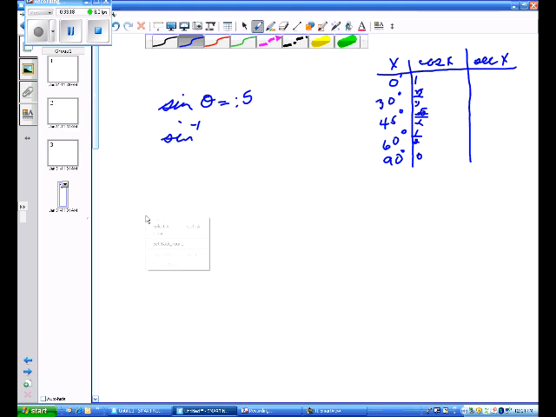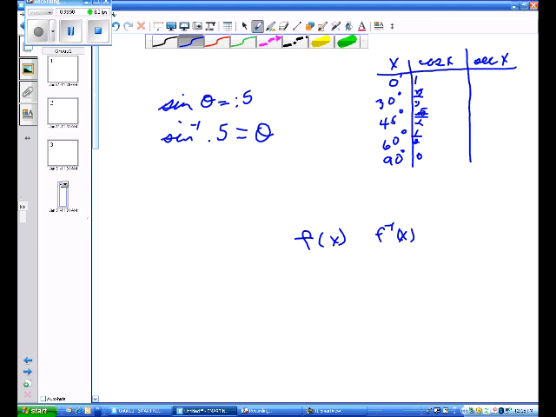We use that same symbol back with our functions when we had f of x. Back in algebra, we had f of x, and then we had f inverse x. And remember, that didn't mean reciprocal, it meant the inverse of the function. So we're wanting the inverse of 5/10, and that will then give us our angle.